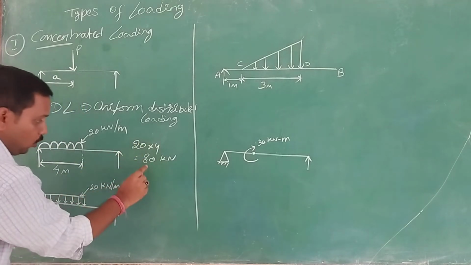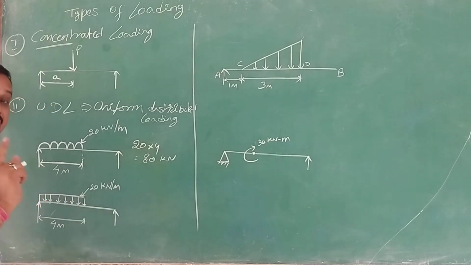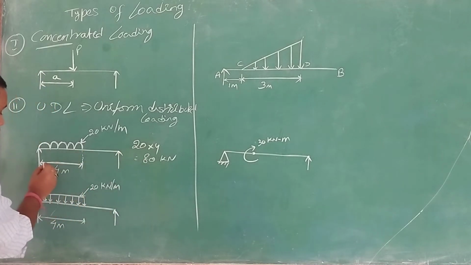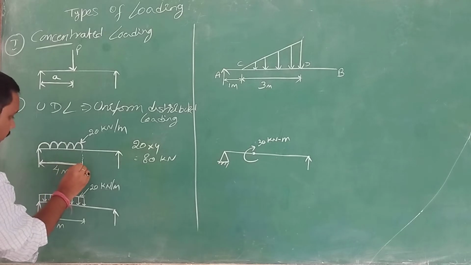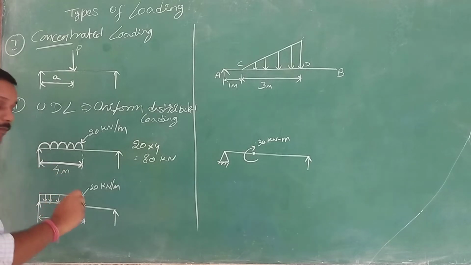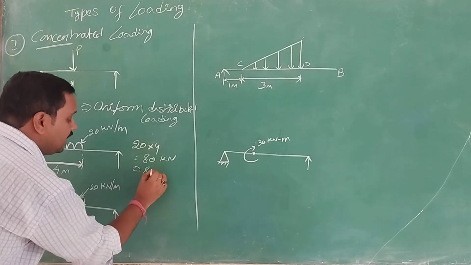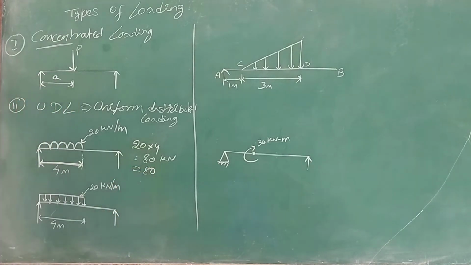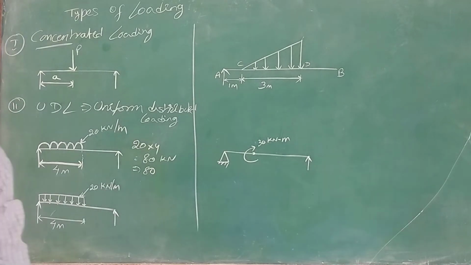And this load will be acting at the center of this 4 meter length, at half. So that is called UDL.